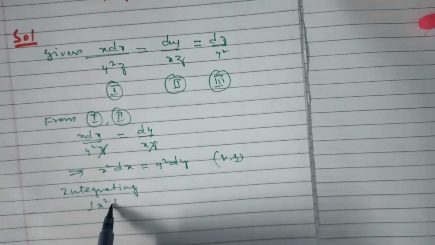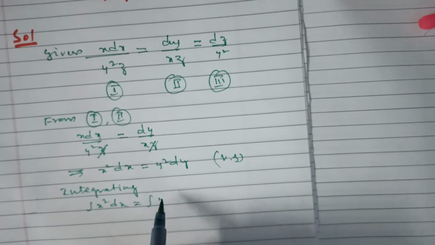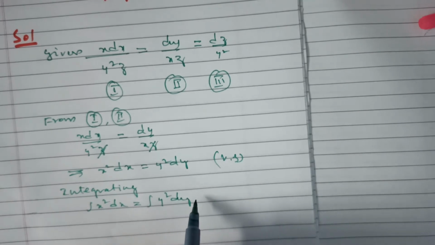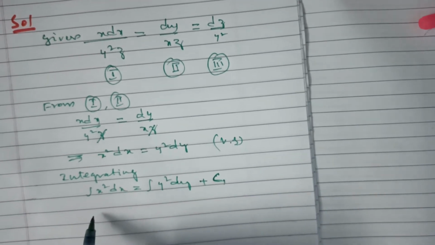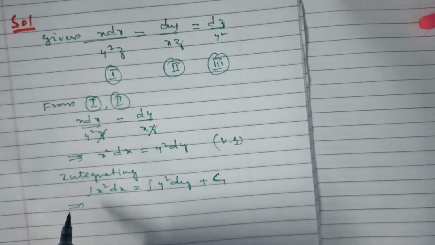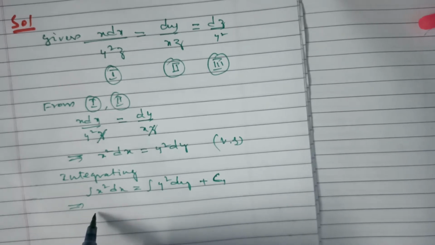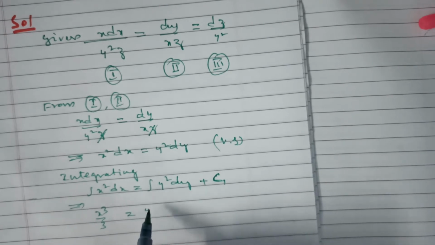Integral x square dx is equal to integral y square dy plus some c1, that's c, capital C, implies integrating x cube by 3 is equal to y cube by 3 plus C1.